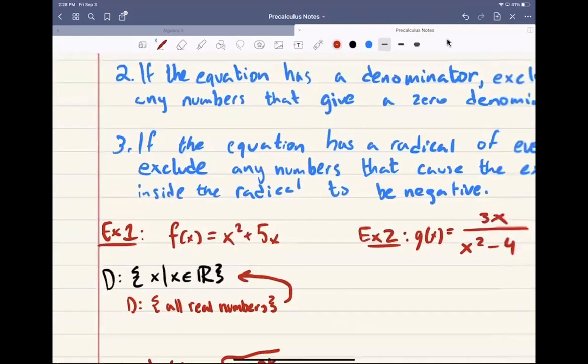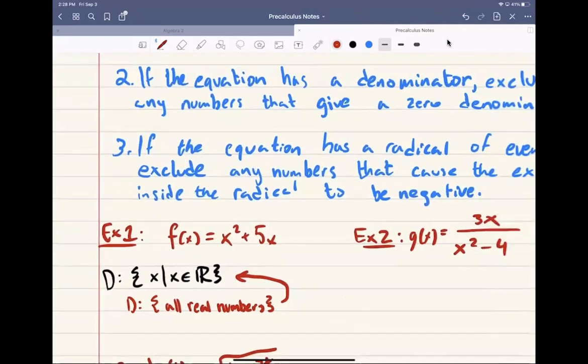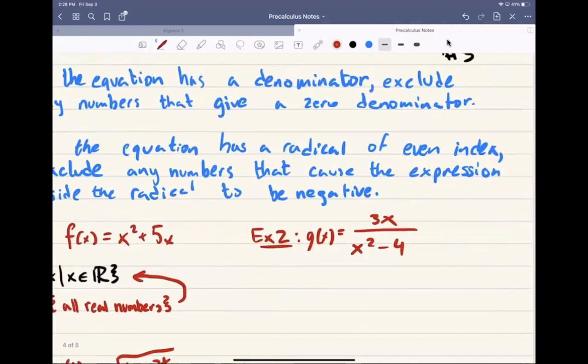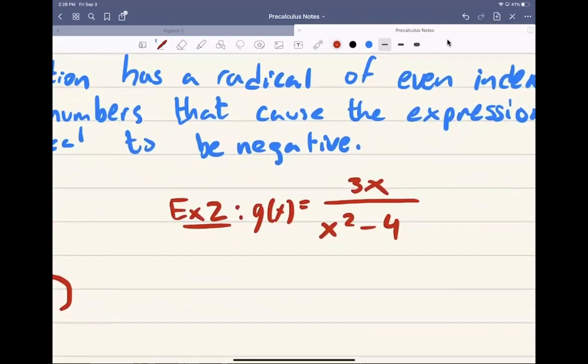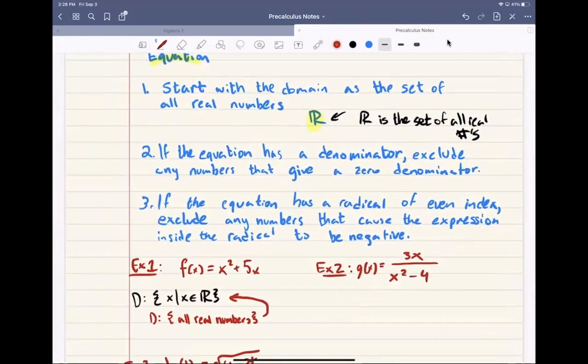Okay. We're going to go over to example number 2. We have this function g of x equals 3x over x squared minus 4. Now, if you look at step 1 again, our first step starts with the domain as all real numbers. For now, we're saying all real numbers.